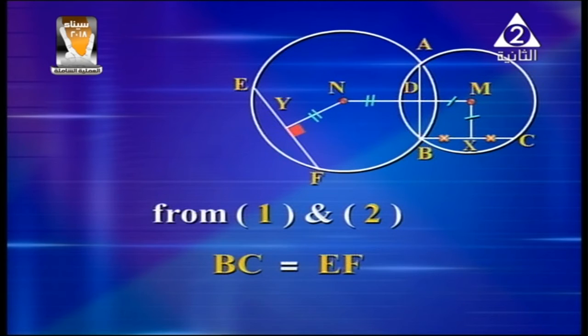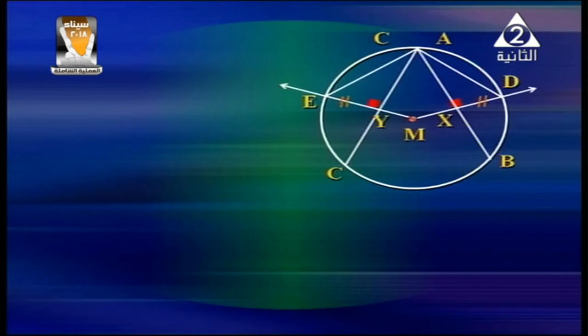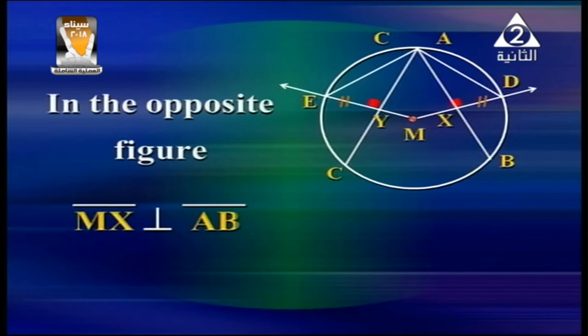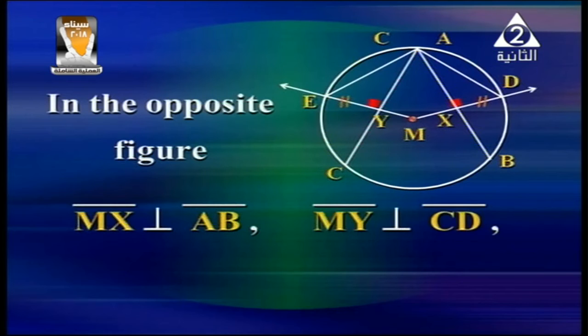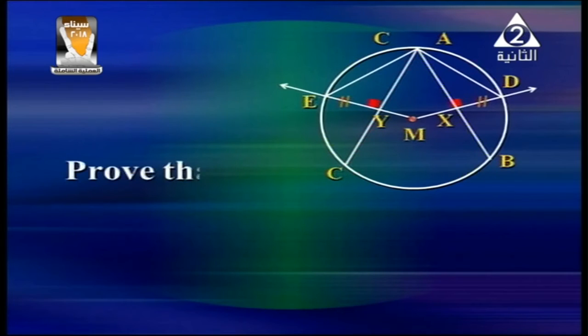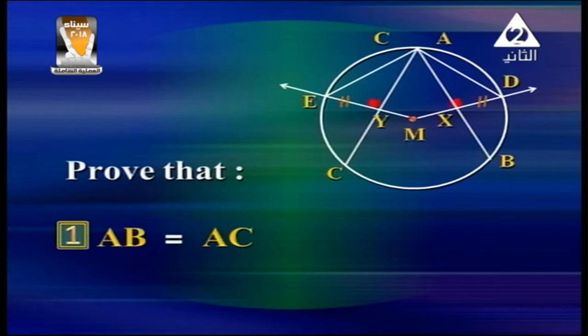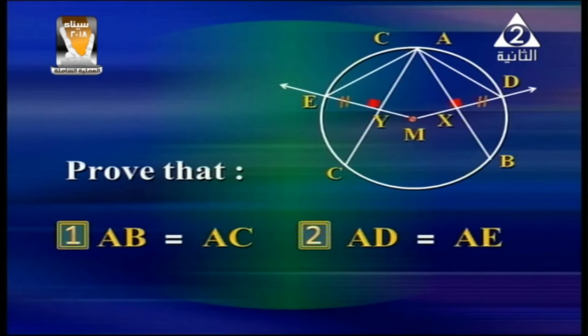Another example. In the figure opposite, MX perpendicular on AB, MY perpendicular on CD. EY equals XD. Prove that AB equals AC and AD equals AE.